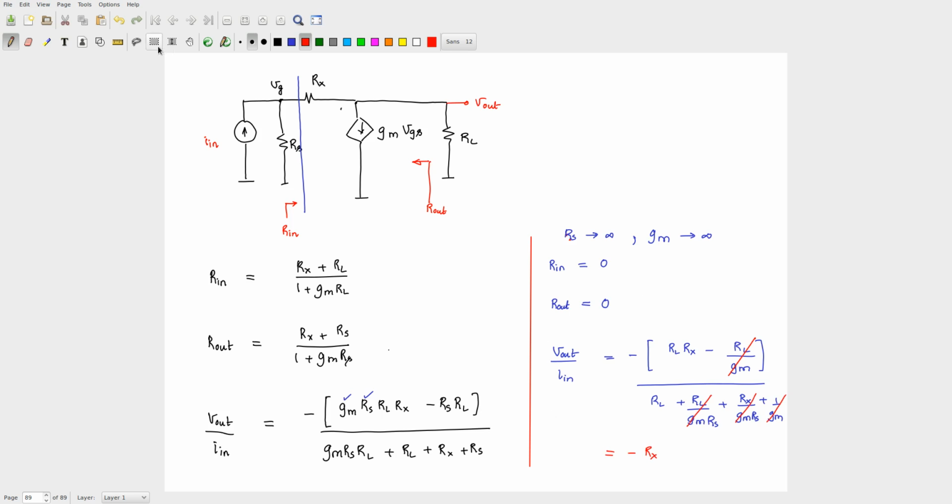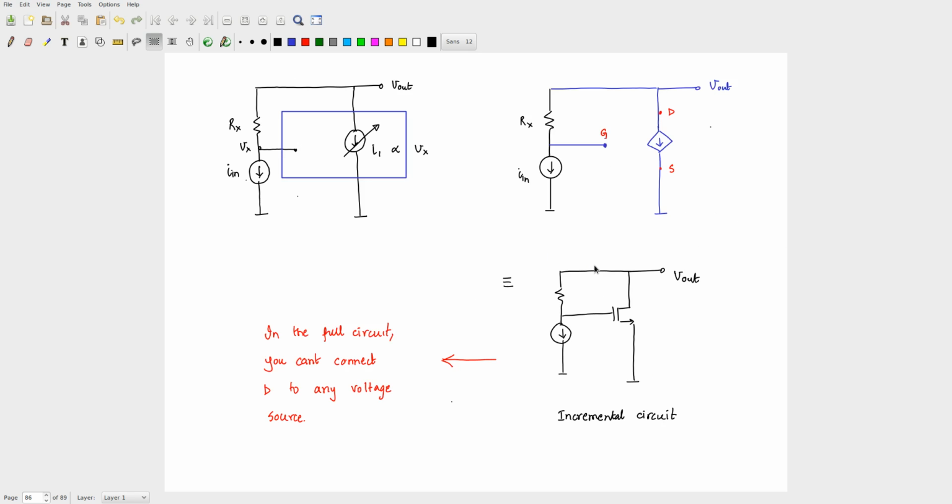Okay. Now we work with the situation where you have a finite. Can you justify why this Rin is 0? So when Gm is infinity, what did you write here when you discussed the feedback loop?